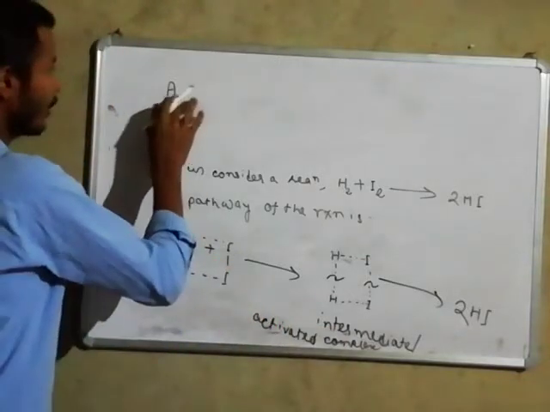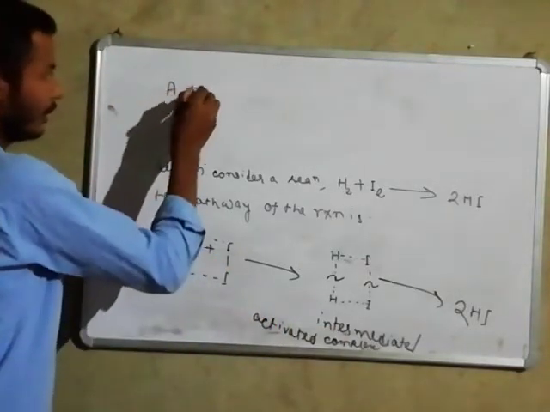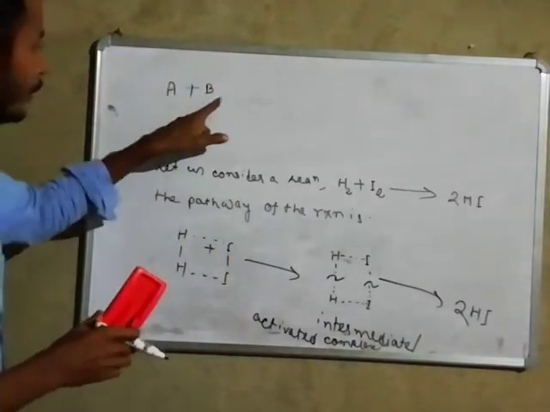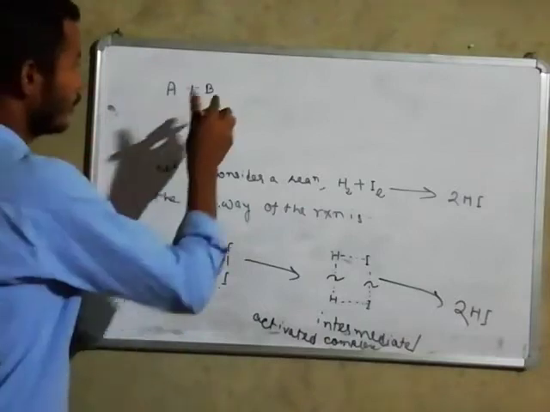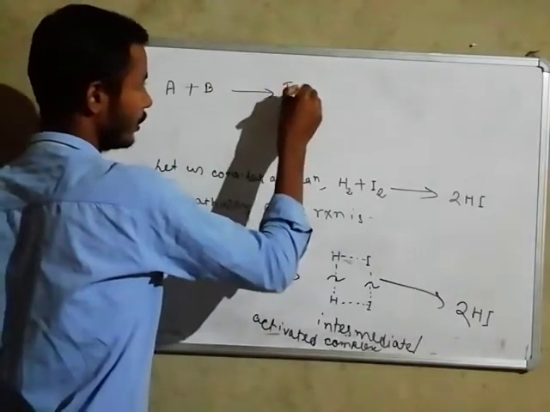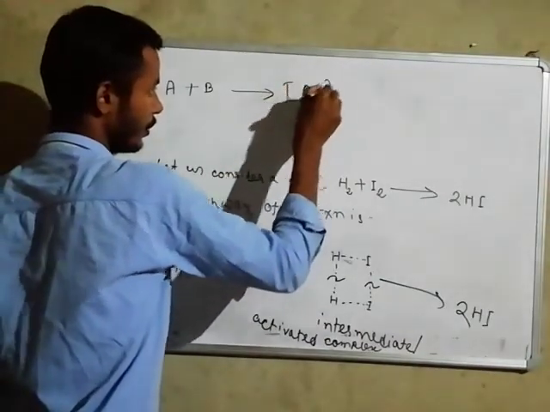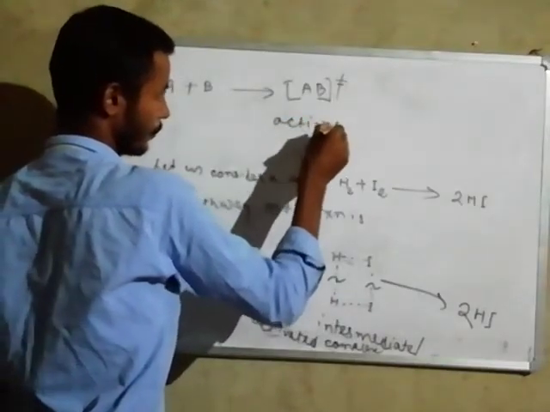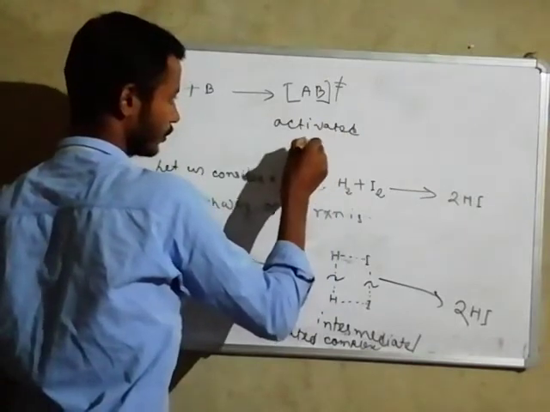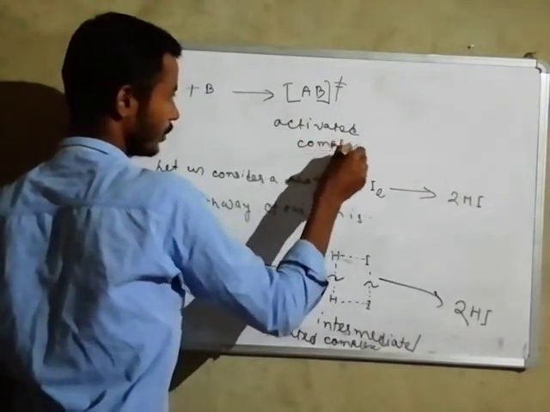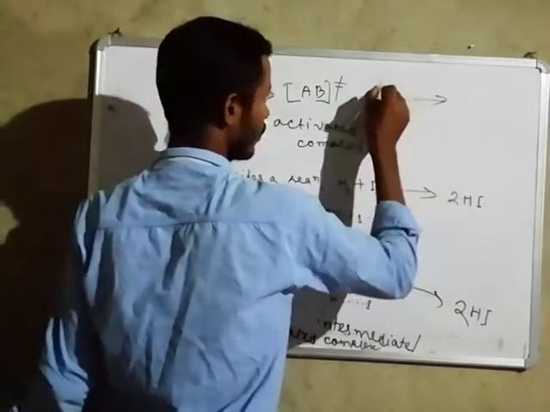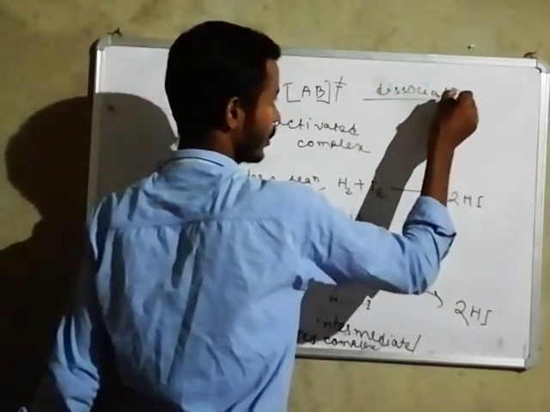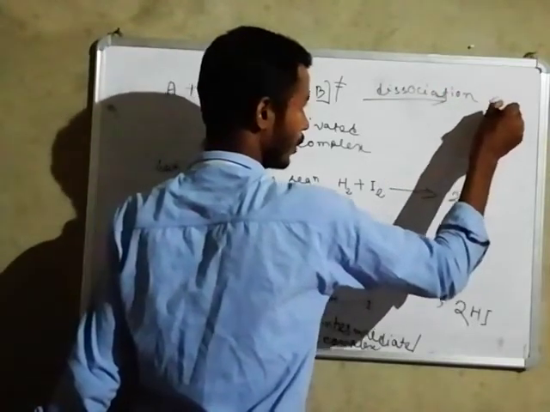Say this is reactant A, this is reactant B. So A and B react or collide, then it will give an intermediate. So this is the activated complex. Okay. If it dissociates, then it will give the product.